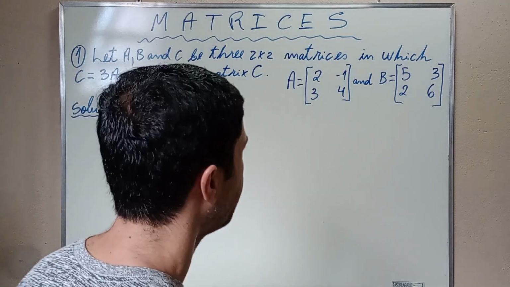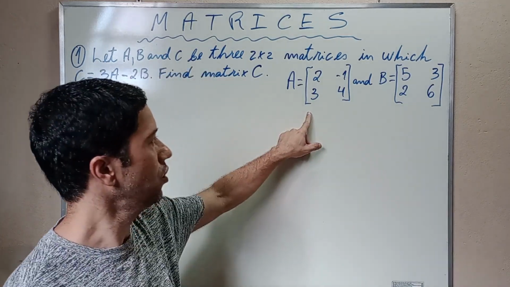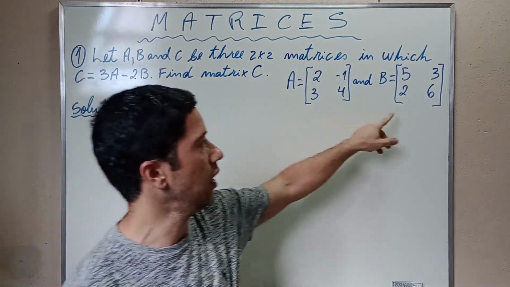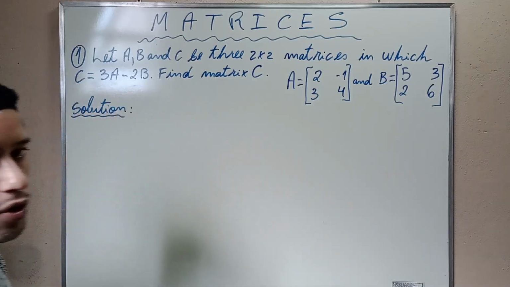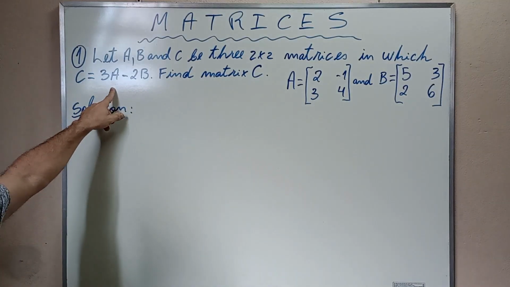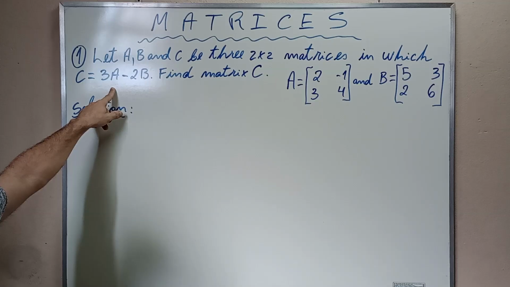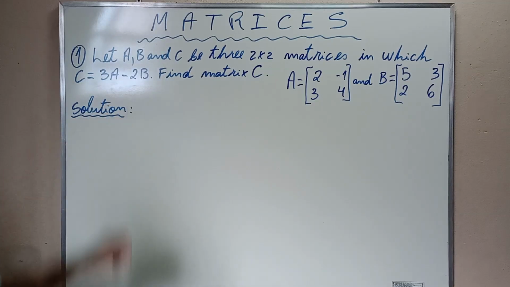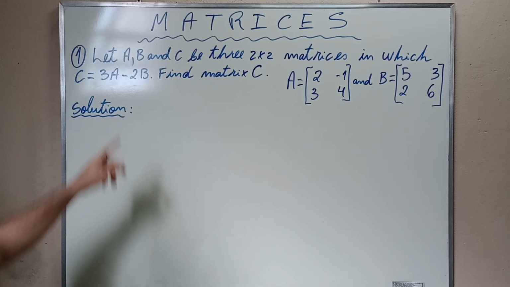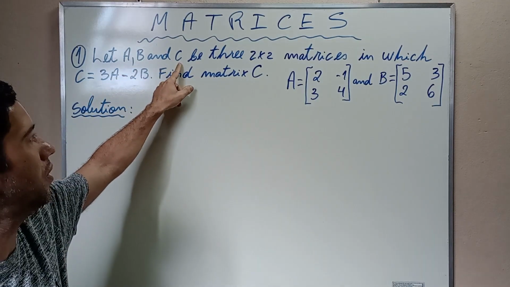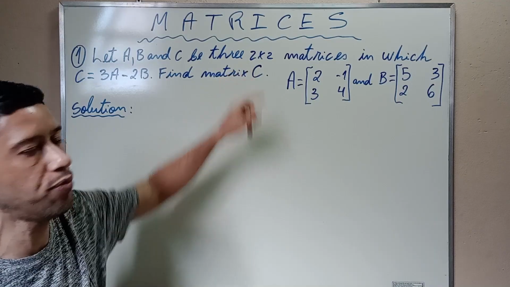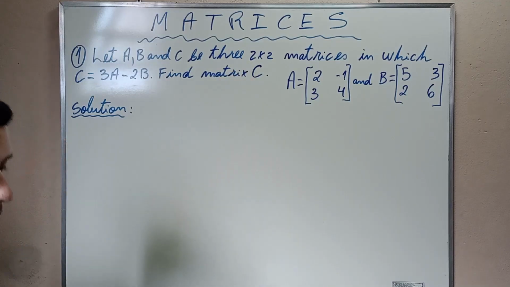The exercise provided us these 2 matrices A and B and said that the rule of formation of C is 3 times A minus 2 times B. And the exercise said that A, B, and C are 2x2 matrices.